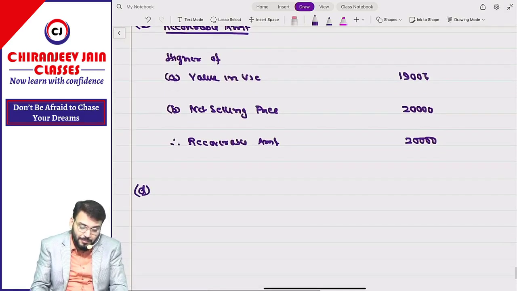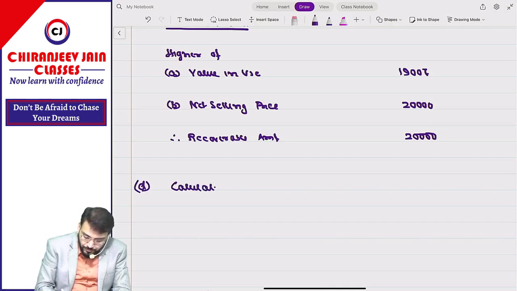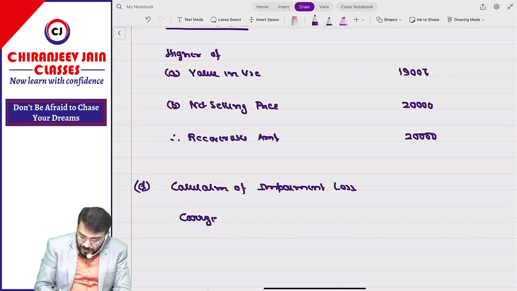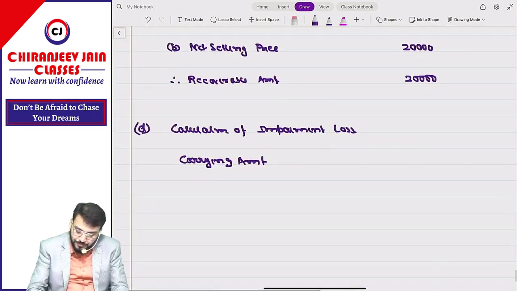See, next point, what they have asked: calculation of impairment loss. So you will compare what? What is the carrying amount? 25,375.